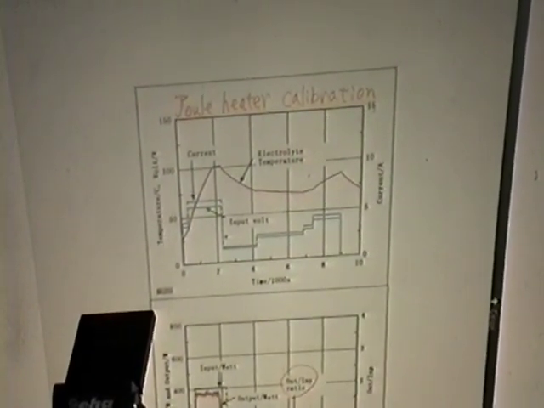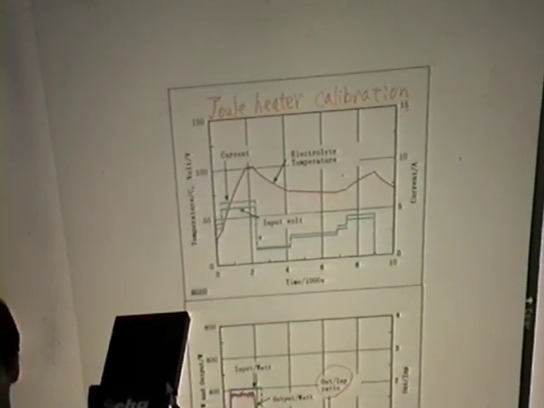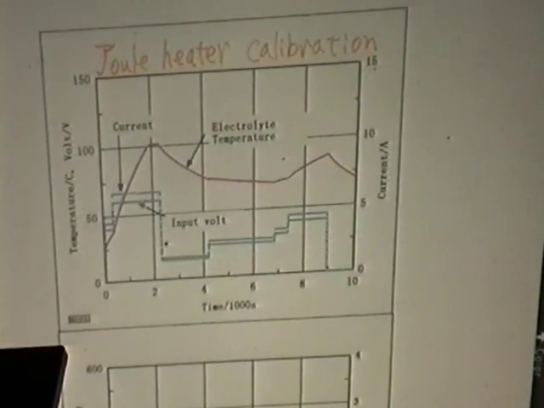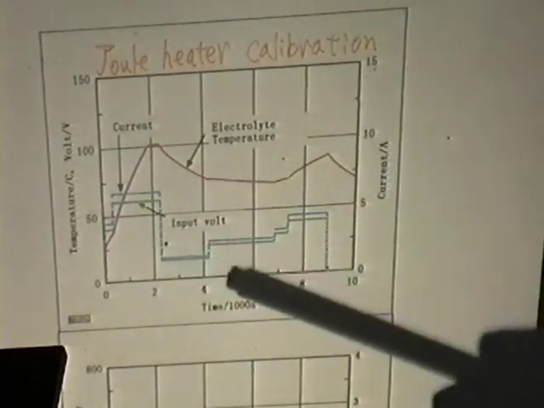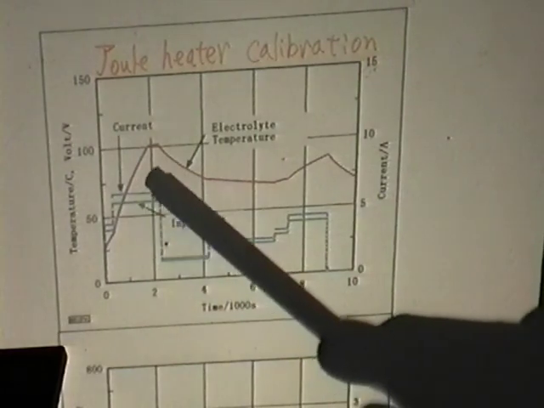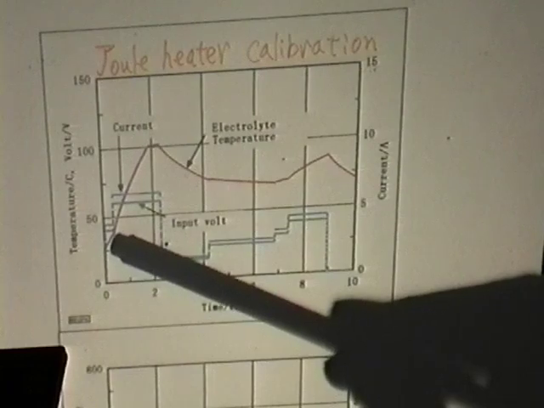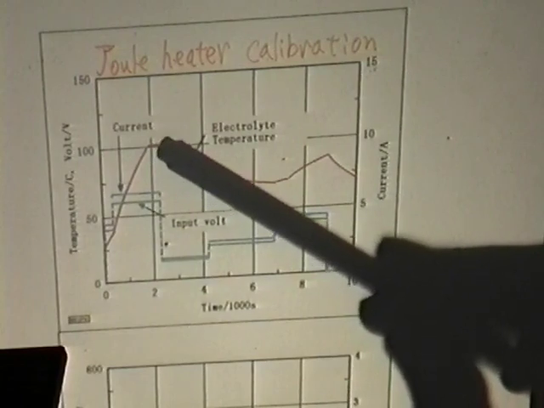We calibrated the heat recovery with an electric heater. We took the anode and cathode assembly out and installed a dual heater in the same position in the electrolyte. And this is the input and output power relationship: heater current and voltage, and this is the electrolyte temperature. The electrolyte temperature started around 30 degrees and increased up to 100 degrees, which is the boiling point.